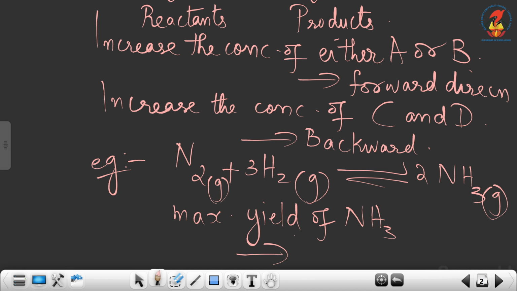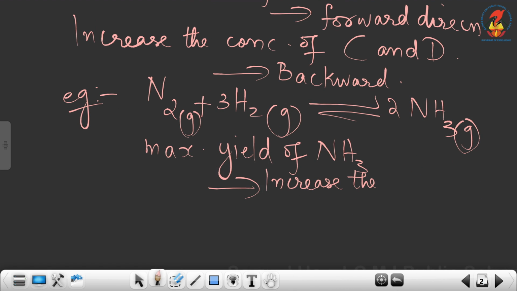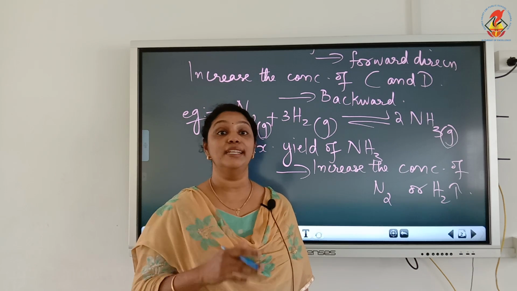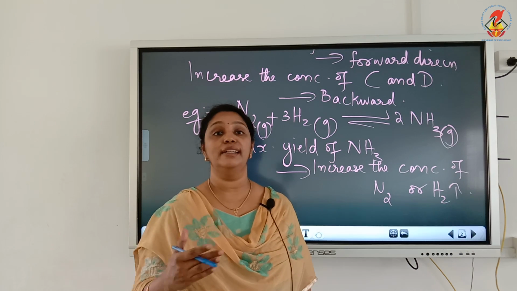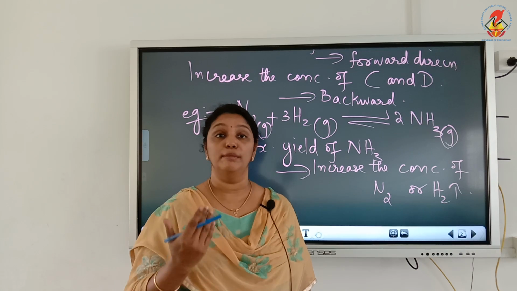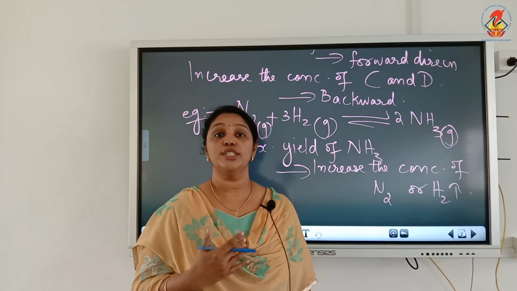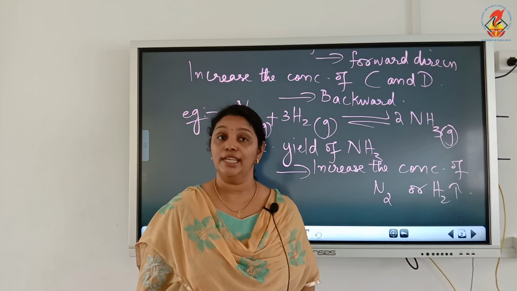So to get maximum yield of ammonia, we have to increase the concentration of nitrogen gas or hydrogen gas. If I increase the concentration of nitrogen gas or hydrogen gas, the reaction will proceed in forward direction, resulting in the formation of more and more amount of ammonia gas. So this is the effect of concentration on equilibrium.